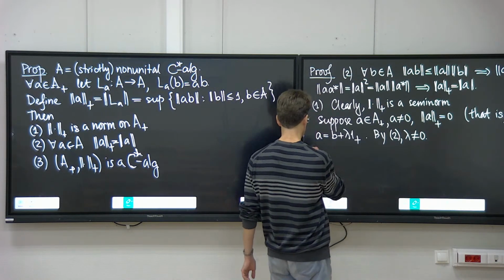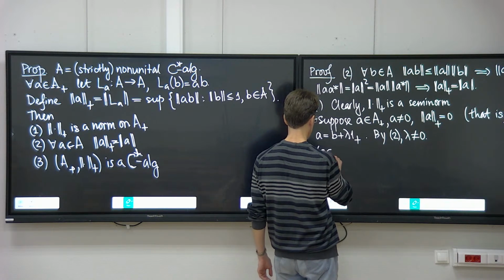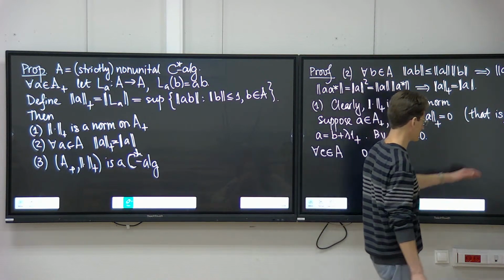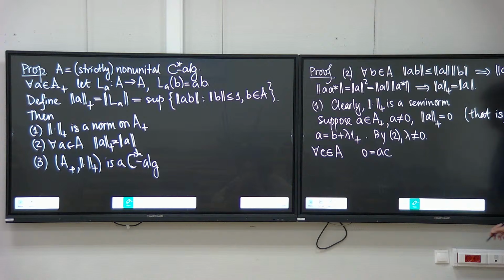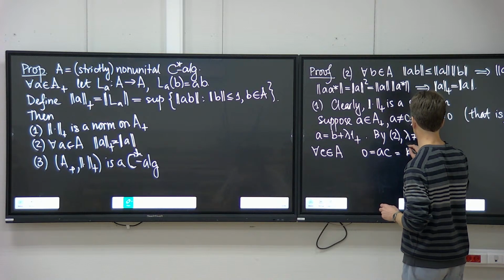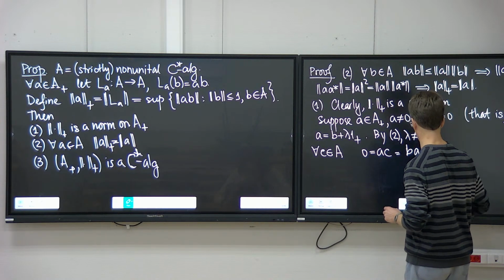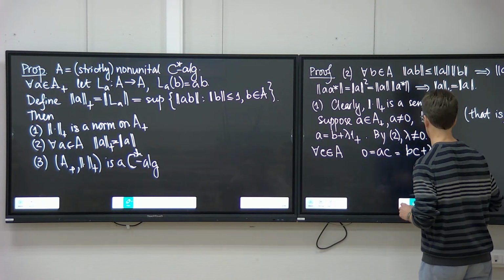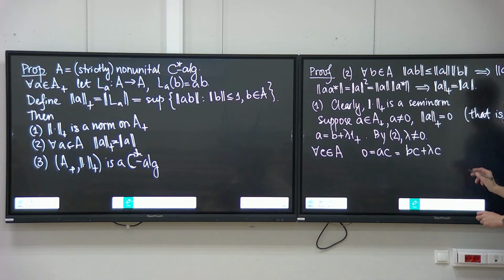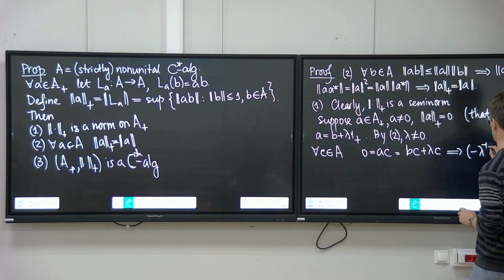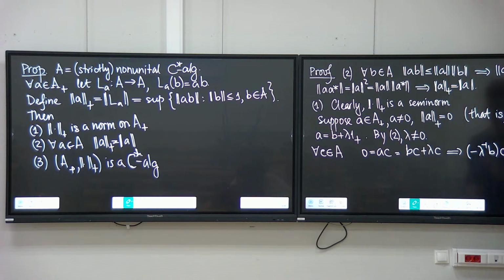On the other hand, by assumption, for every element c in A, a c is 0, because this multiplication map is 0. So what does that mean? This means that we have b c plus lambda c is 0 for every c in A. This implies that minus lambda inverse b times c equals c.